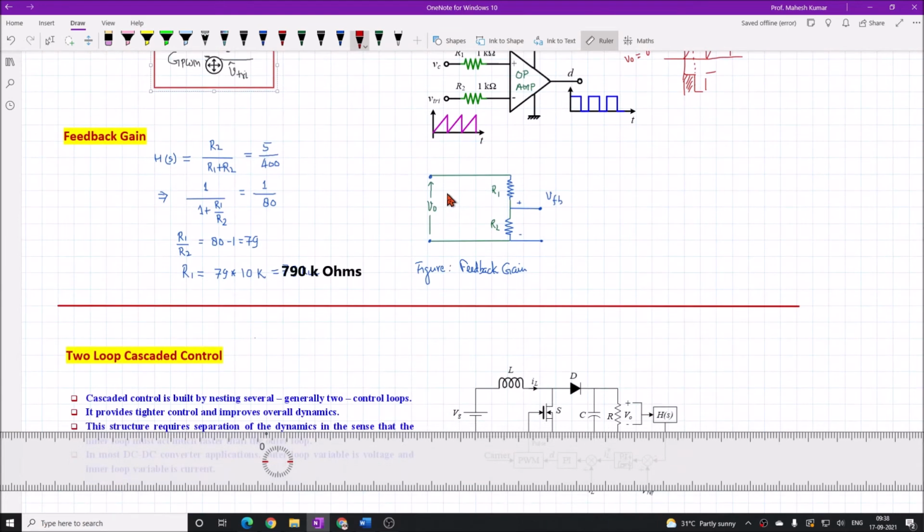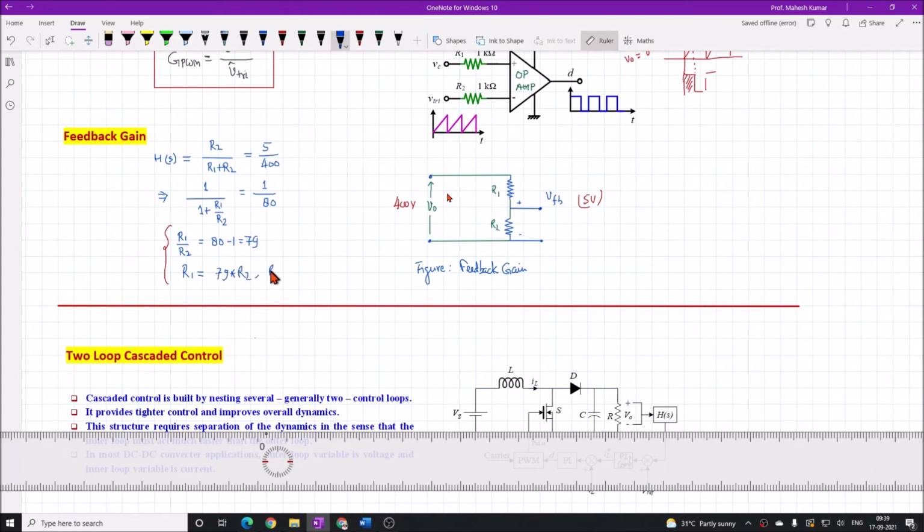For feedback gain, we have a potential divider so that we can convert the 400 volt into a range of 5 volt. So the gain of this will be R2 by R1 plus R2 equal to 5 by 400. And we can design R1 and R2 for this circuit. So R1 equals 79 times R2.